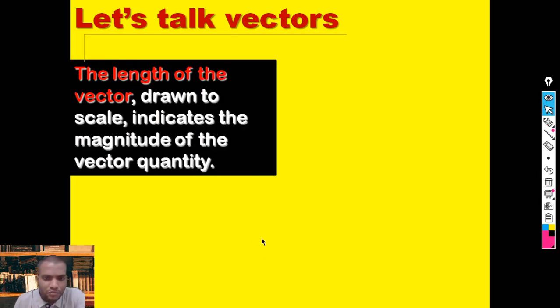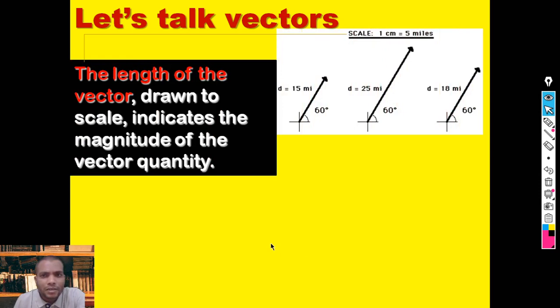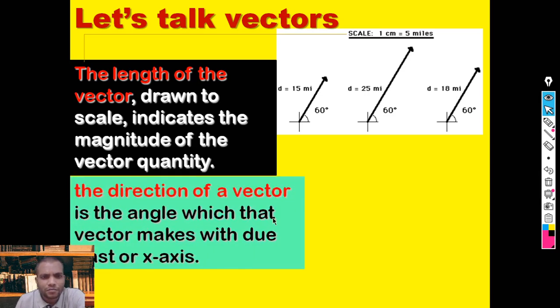As we saw, vectors are represented with an arrow, the length of the vector drawn in terms of a particular scale, particular units. The length of the vector represents the magnitude of the vector quantity, and the direction is represented by an angle with respect to a reference axis.